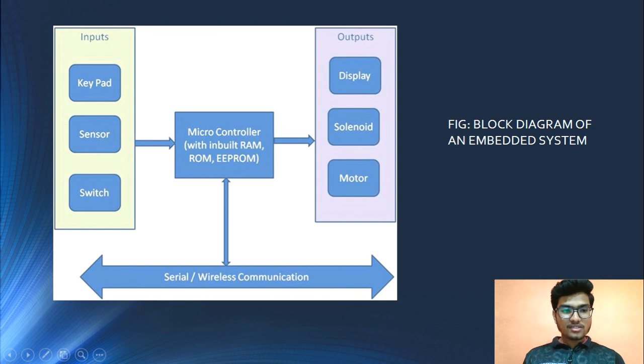Buses are the type of devices that are used to carry information from one place to another or from one device to some other device. The serial wireless communication that has to be established is also passed on to the microcontroller. The microcontroller has inbuilt RAM, ROM, or EEPROM. Then after executing, the information is passed on to the outputs, which are seen by the user with the help of display, solenoid, and motor.